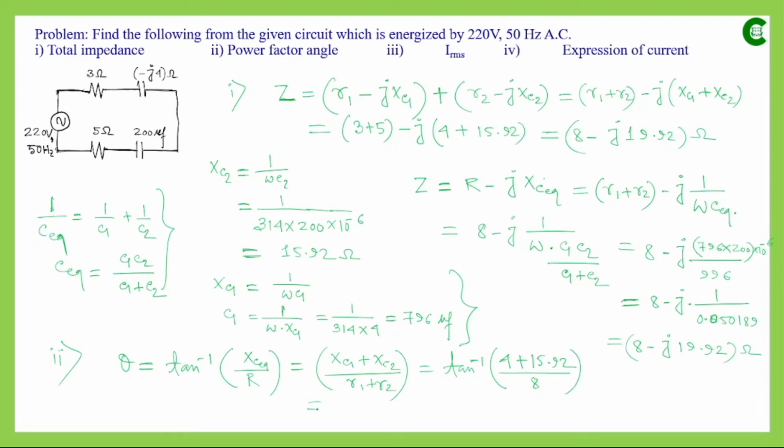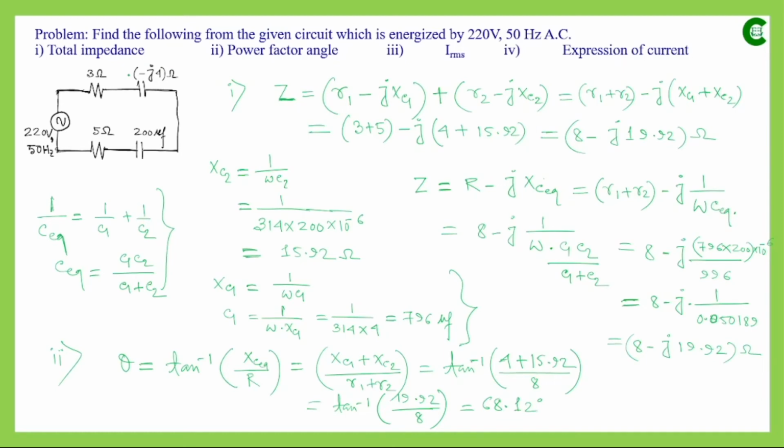So it will be tan inverse of 19.92 divided by 8, and if we calculate further, this value will be 68.12 degrees. That means the phase difference between voltage and current of this whole branch will be 68.12 degrees. Now the third parameter that we need to find is the RMS value of the total current which flows in this series circuit.